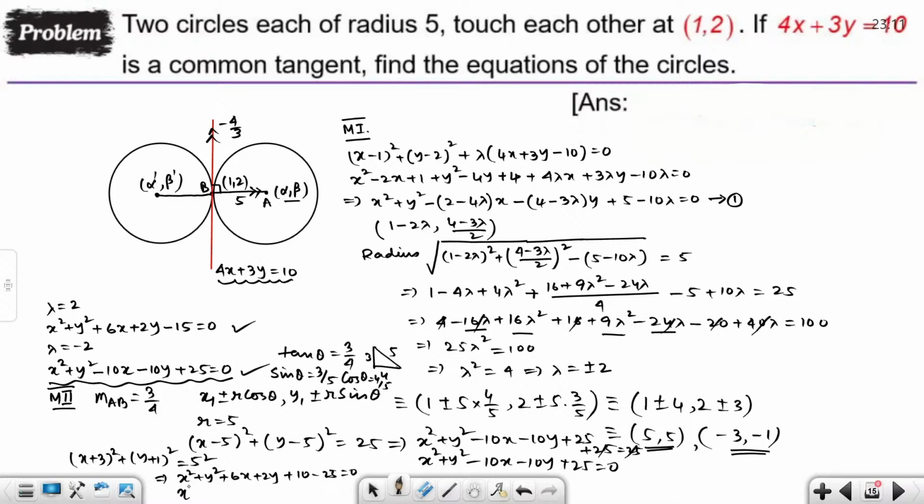So we are getting x square plus y square plus 6x plus 2y minus 15 equals to 0. See, the same equation we also got from the first method. Am I correct? Therefore, the two equations of the two required circles are, one is x square plus y square plus 6x plus 2y minus 15 is 0, and the other one is x square plus y square minus 10x minus 10y plus 25 equals to 0.